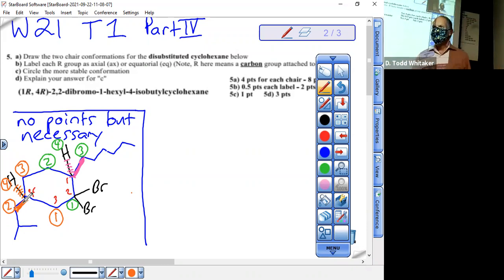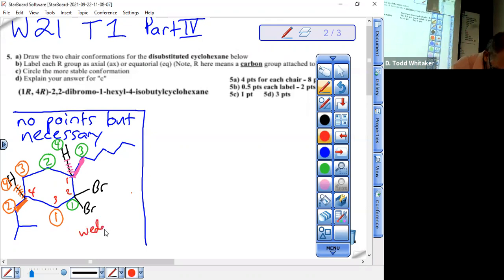Okay. I want to make this very clear. When you draw your chairs, I don't want any wedges or dashes. The purpose of learning chairs is so we can get rid of wedges and dashes and replace them with an equivalent. So all I need from the wedges and dashes are these 2 facts.